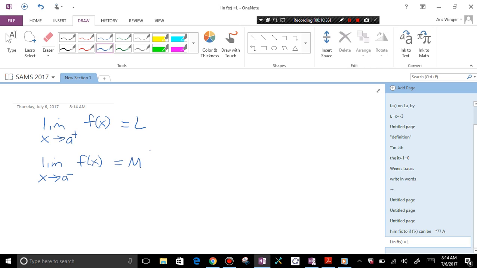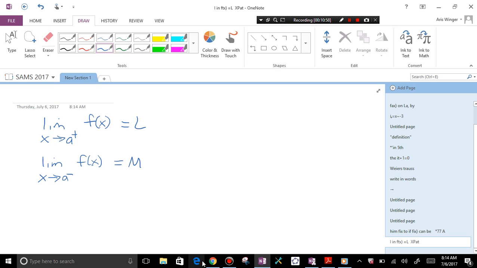Those were the last things that we defined last class. You can make the function arbitrarily close to L by taking values of x arbitrarily close to a but bigger. Here you can make f arbitrarily close to m by taking values of x that are close to a but smaller than a.